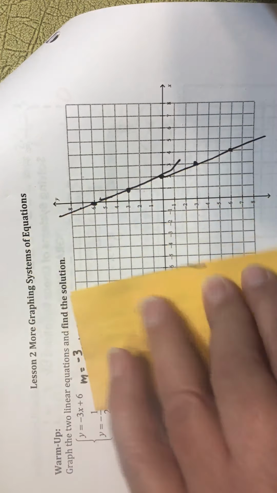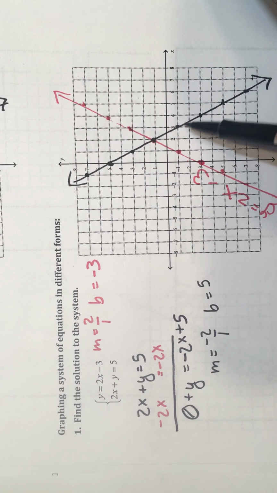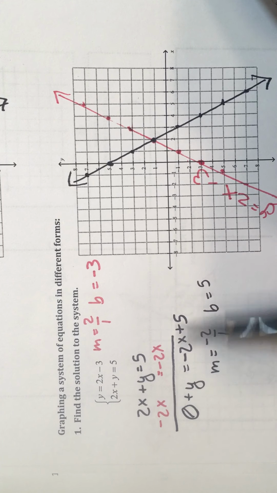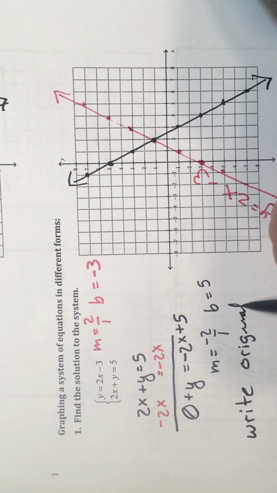And this one is y equals 2x minus 3, and this one, write the original equation, right, put that down here. Write original equations on the lines.